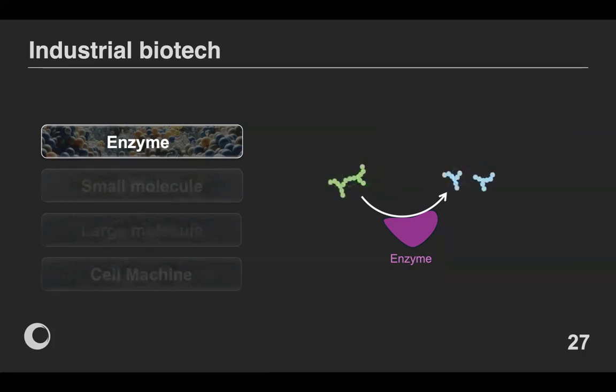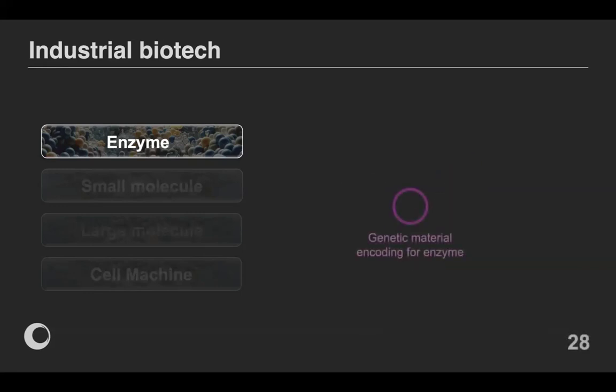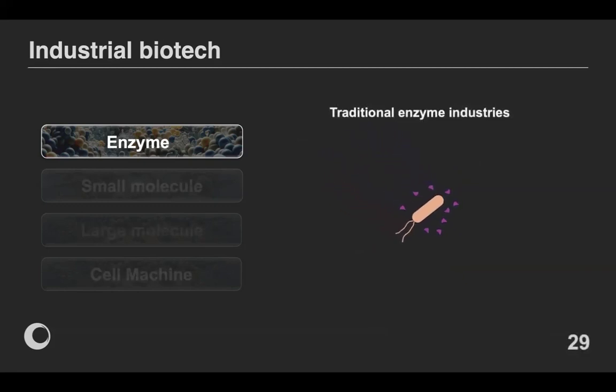You can have some sort of polymer that's broken into pieces, or two different monomers that are bound together to form a polymer. That's the idea behind these various enzymes. So you can have genetic material encoding for an enzyme, introduce that into a microbe, and that microbe can start producing the enzymes that you want, and then you can use them for various different applications.